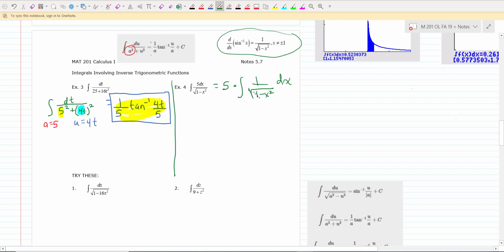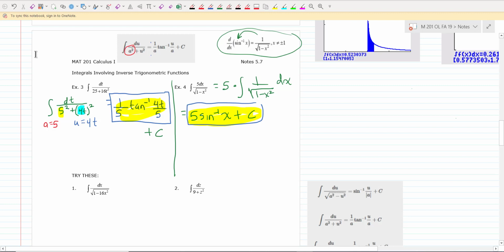We already know the antiderivative of this is inverse sine of x. So what you would end up having on this one is 5 inverse sine of x plus c. And by the way, the teacher did a really stupid thing here and forgot to put the plus c on that. Don't forget that. So that would be the answer to that problem. Don't forget your plus c's.